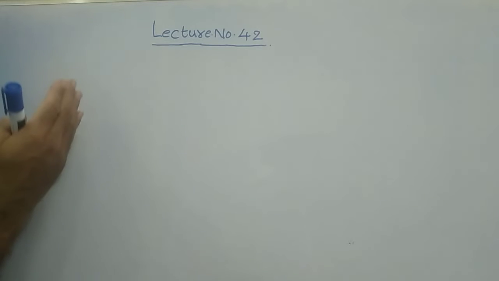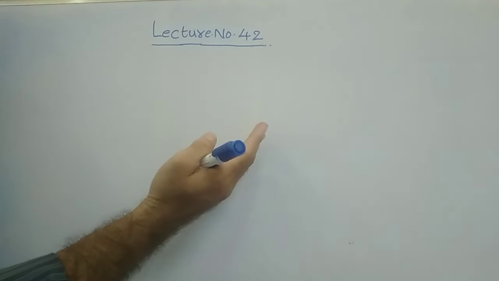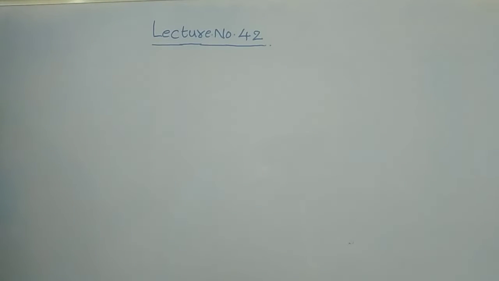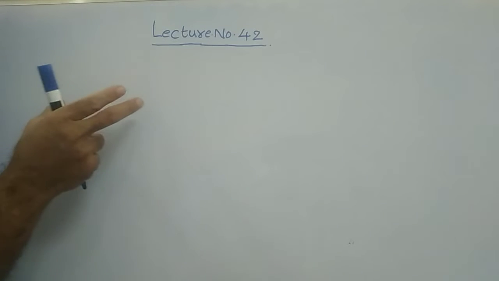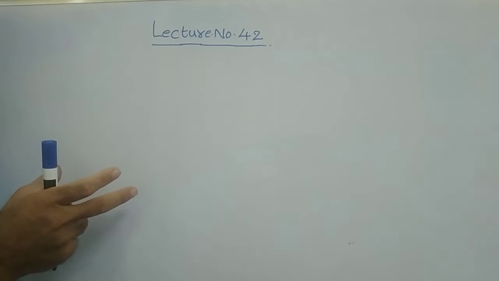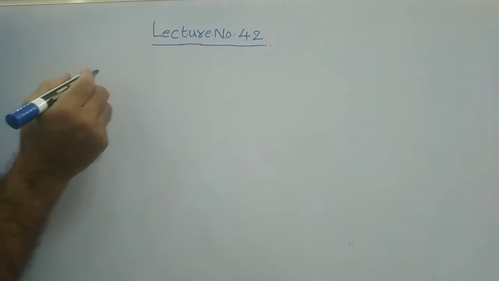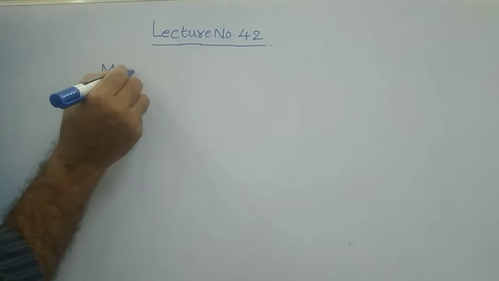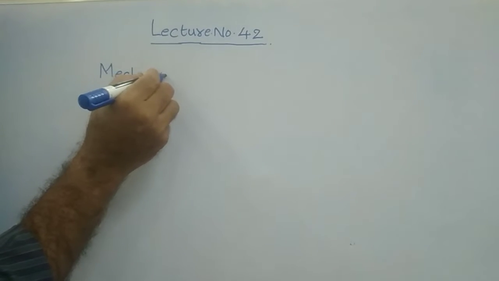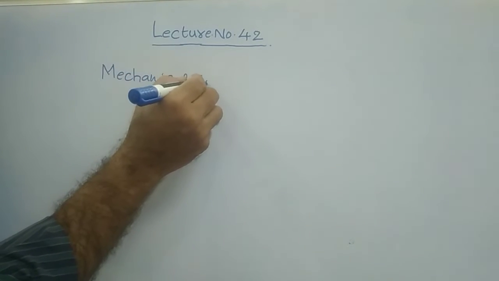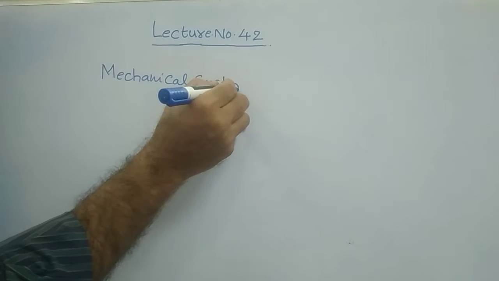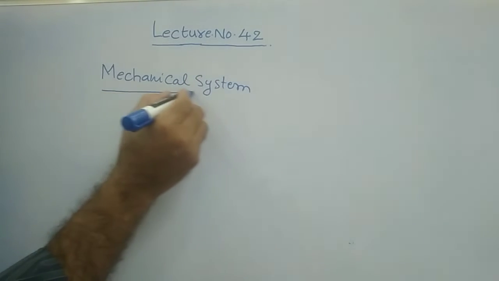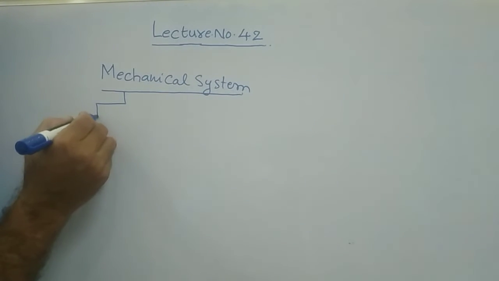Analogy means converting the given mechanical system into the corresponding equivalent electrical network. Okay, so the mechanical system will be given. Under the mechanical system, basically we have two categories.